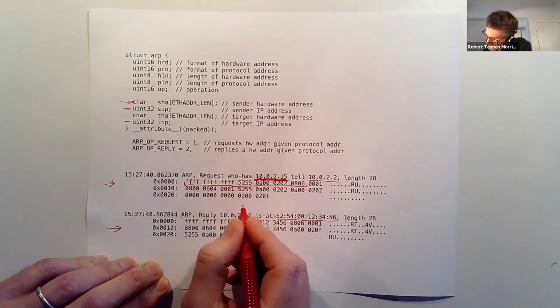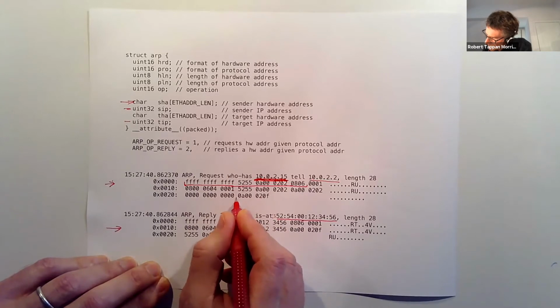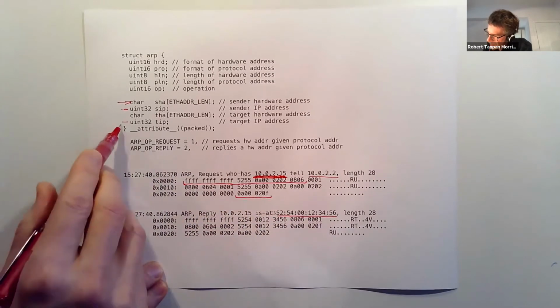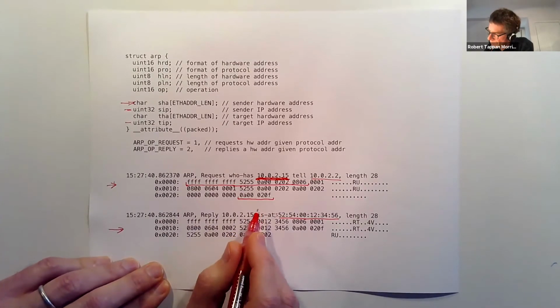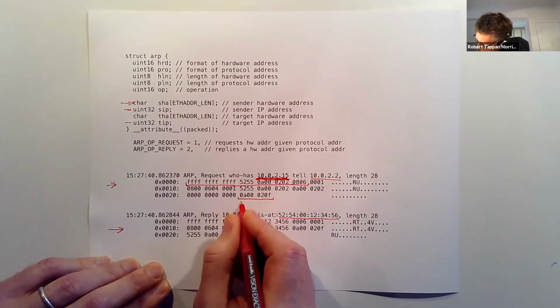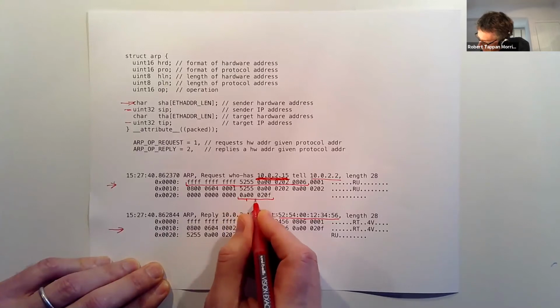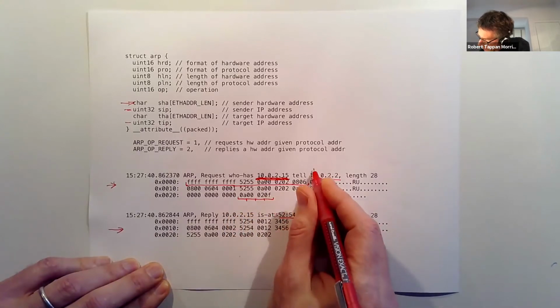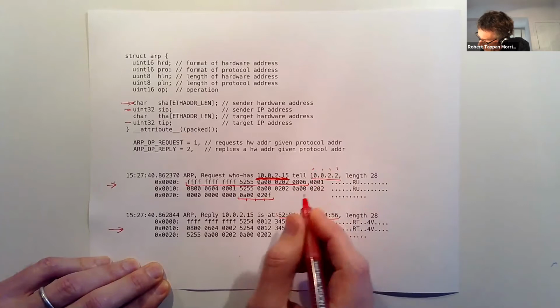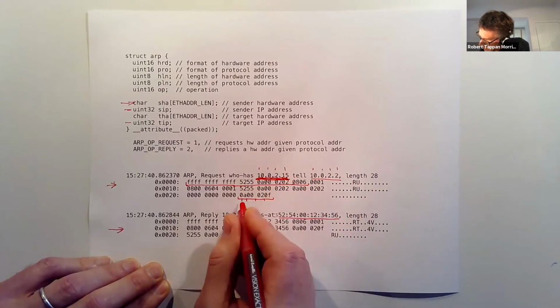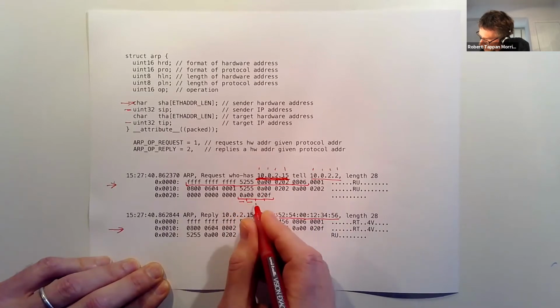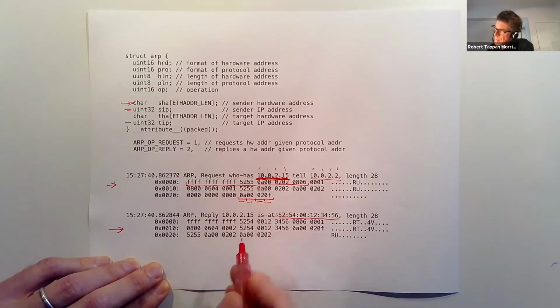Working backwards, this is the TIP field, which is the IP address that the sender wants to find the Ethernet address for. There's 1 byte for each of the 4 fields of the IP address. Sorry, it's really looking for 10, 0, 2, 15. This is 10 hex, 0 hex, 2 hex, 15 hex.